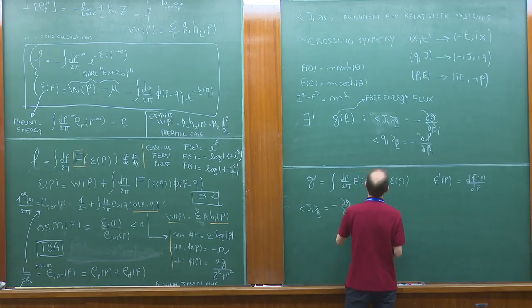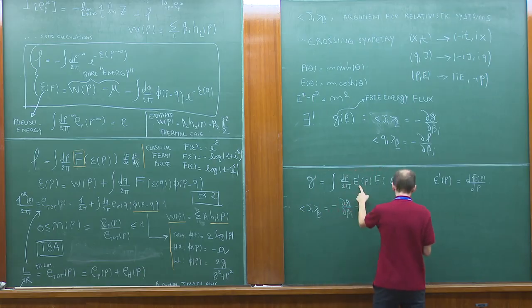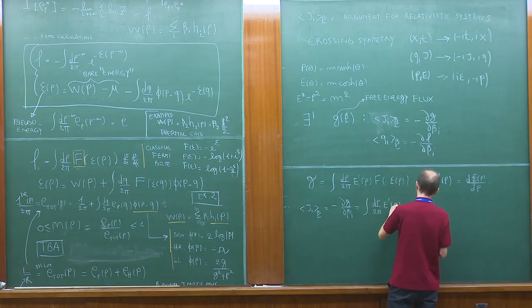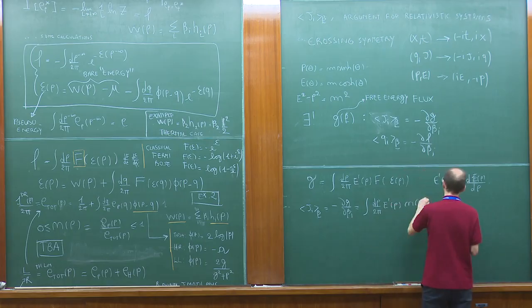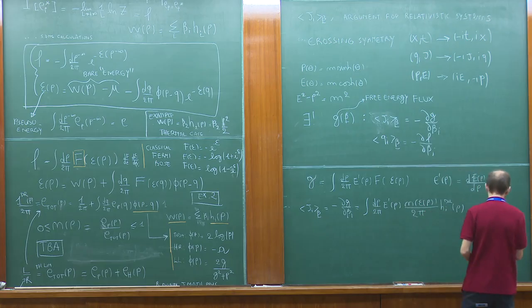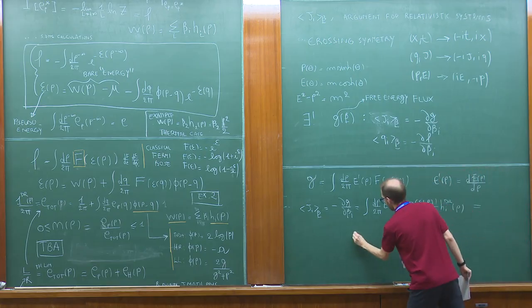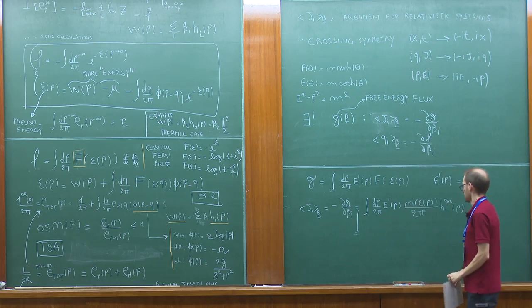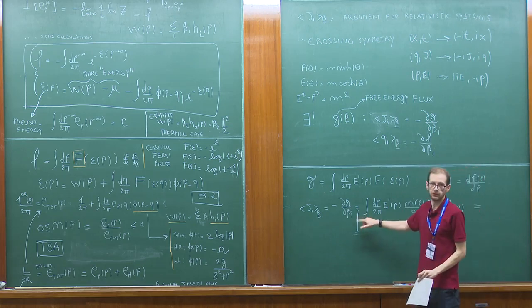And we explain. So we do minus dg d beta over this function here. And we get this. This is also something that my supervisor was always telling me.